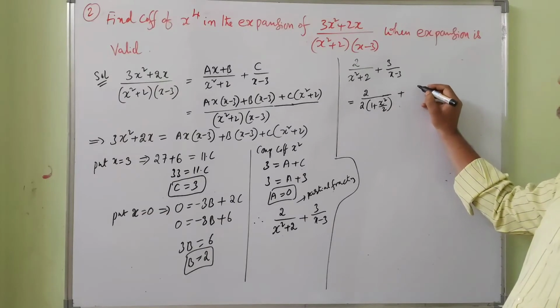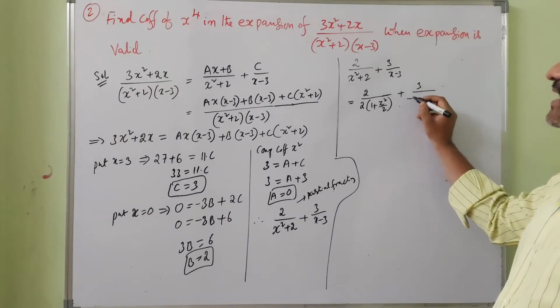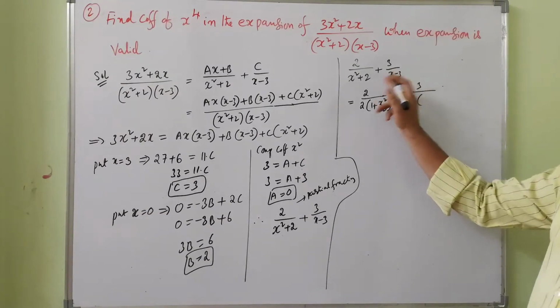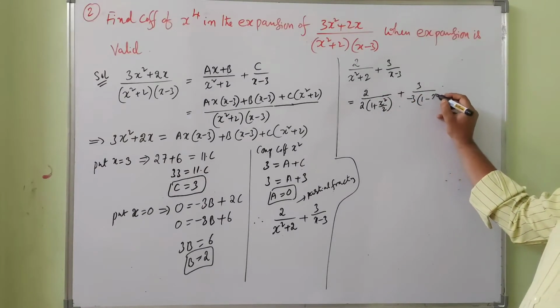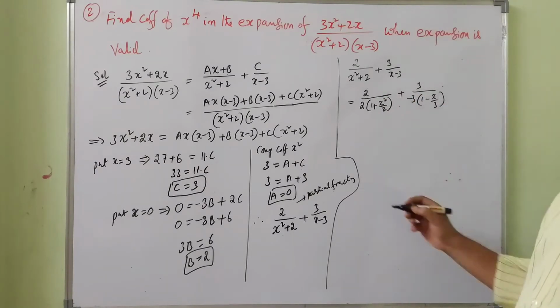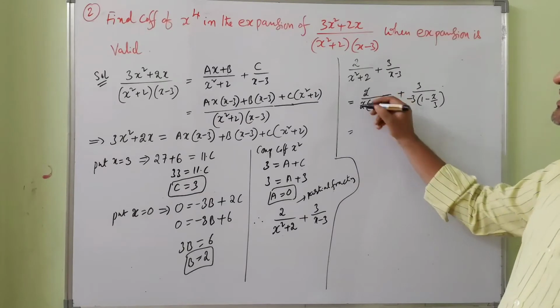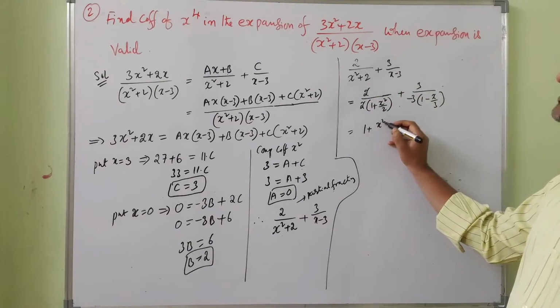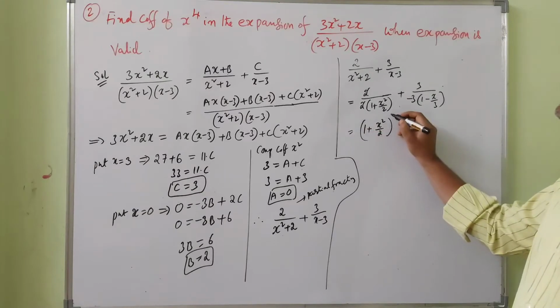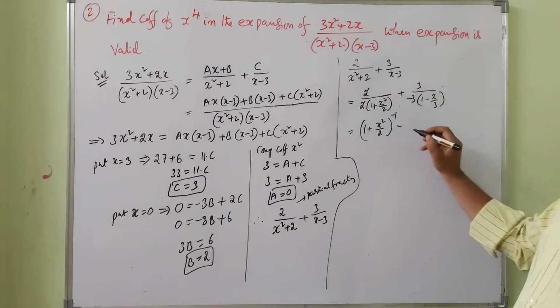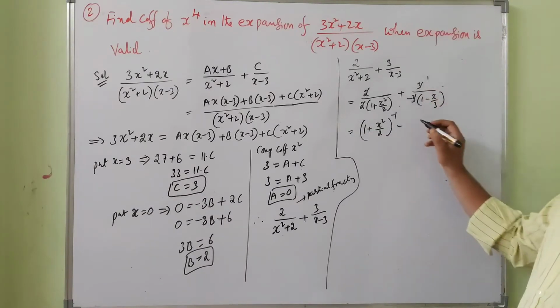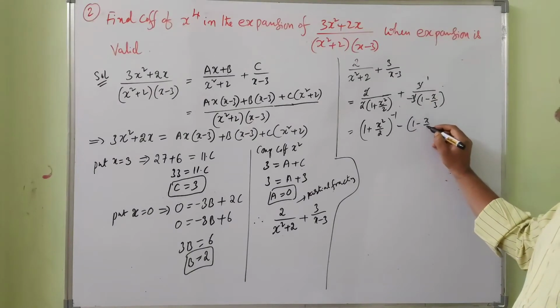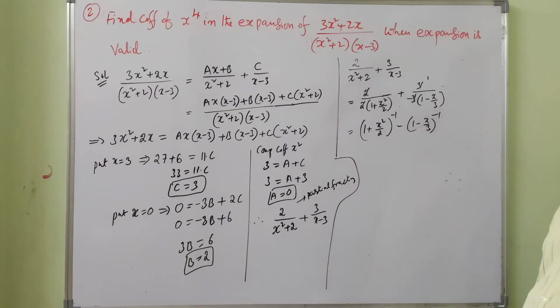Plus here I am taking minus 3 common. If I take minus 3 common, I will get 1 minus x by 3. Here 2 cancel. You raise the power, you will get 1 plus x square by 2 power minus 1. Plus into minus, 3 gets cancelled. Here we will get 1 minus x by 3 power minus 1.